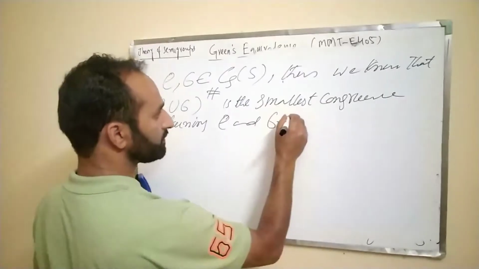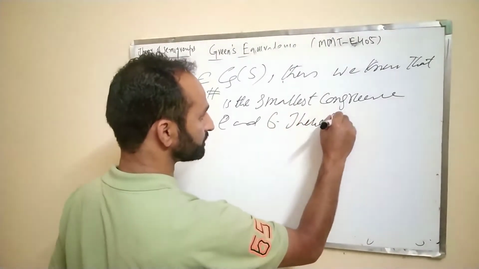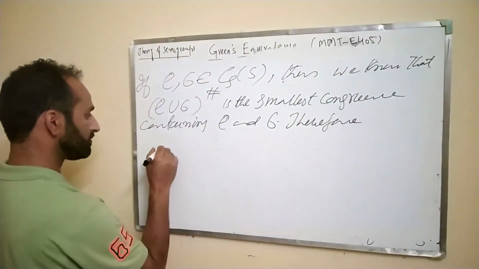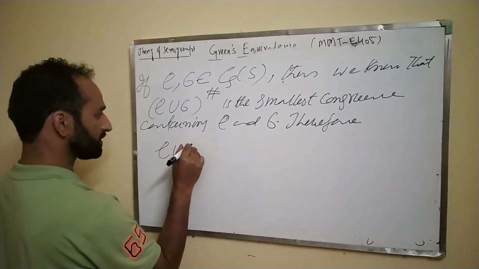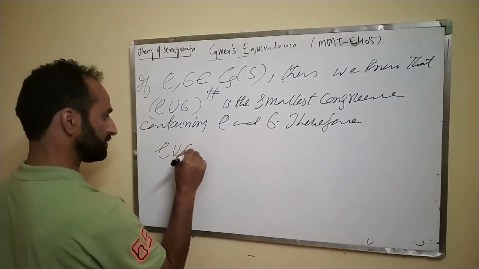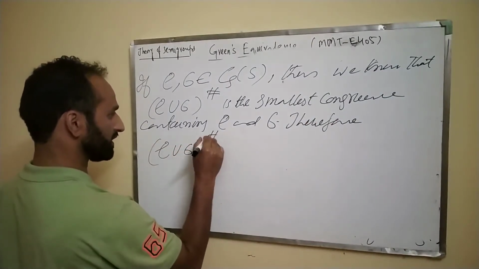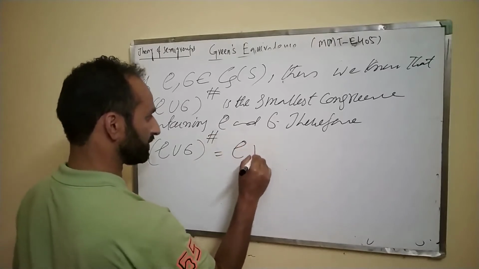So therefore rho union sigma sharp is actually the meet of rho and sigma.